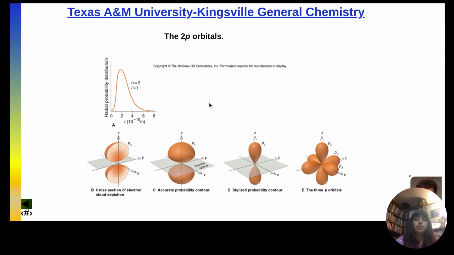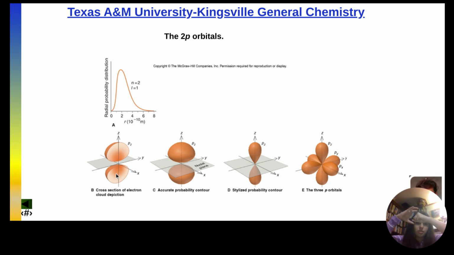Moving on to the 2p orbitals. Our n equals 2, and our l equals 1 here, giving us our 2p orbitals. Figure A is showing us a graph, and figure B is showing us a cross-section of what the electron cloud depiction would look like.